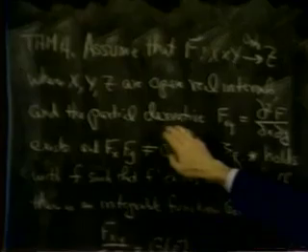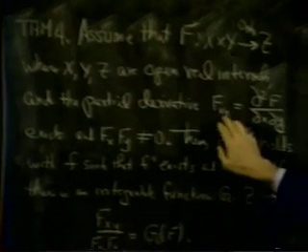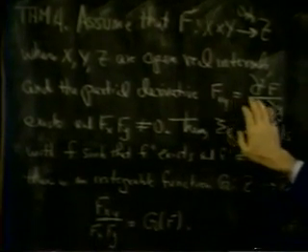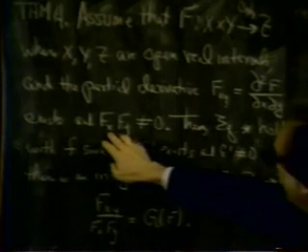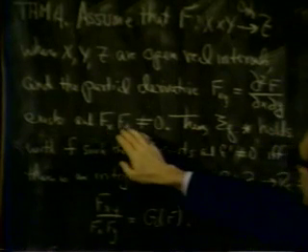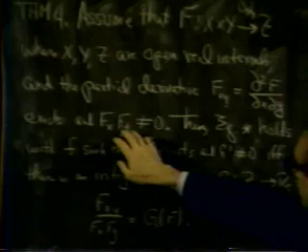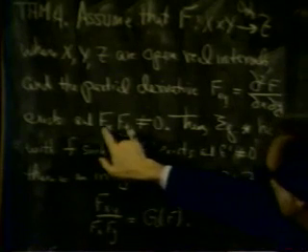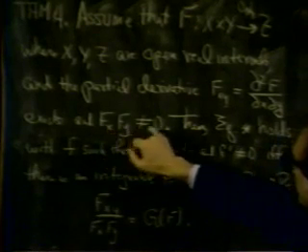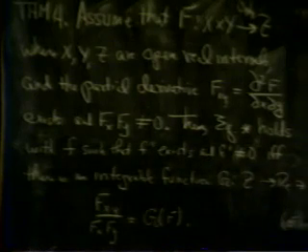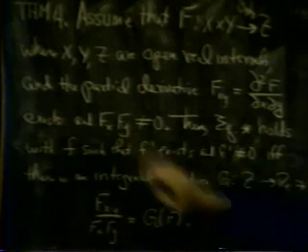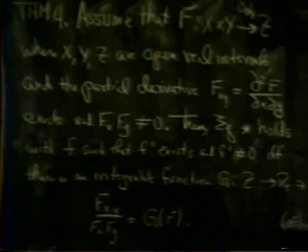Moreover, we'll assume that the second partial derivative of f exists, and that the product of the two first partial derivatives is not equal to 0. Or put another way, neither first partial derivative has a 0 anywhere.